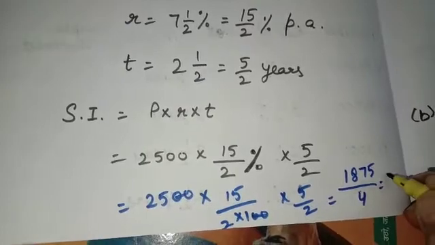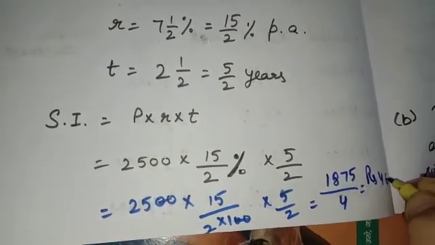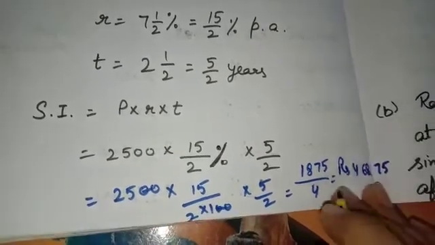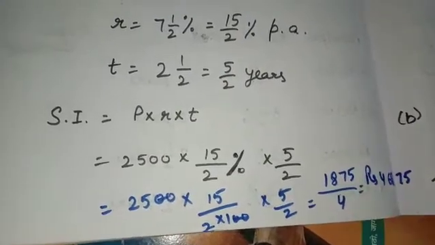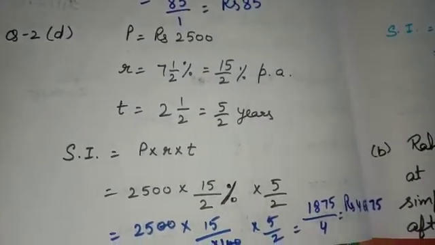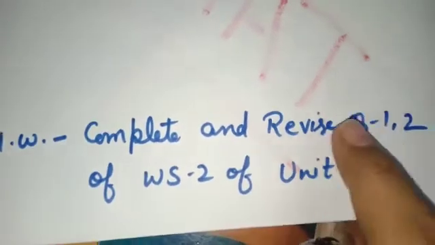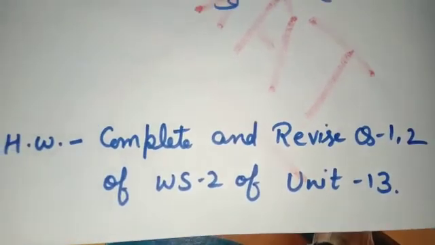If you are unable to do it orally, you can find it by division. 468.75 is the simple interest. Okay, it completes our D part. The remaining two parts of the question you will do on your own. Now, your homework is to complete and revise question number 1 and 2 of worksheet 2 of unit 13.